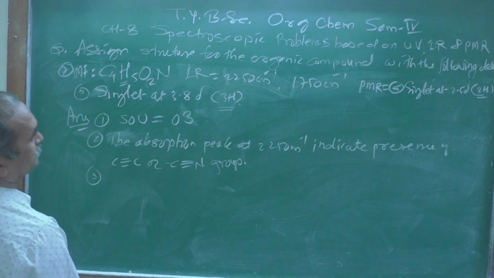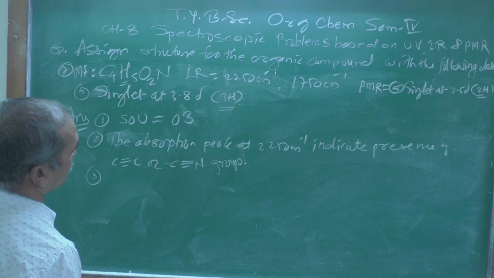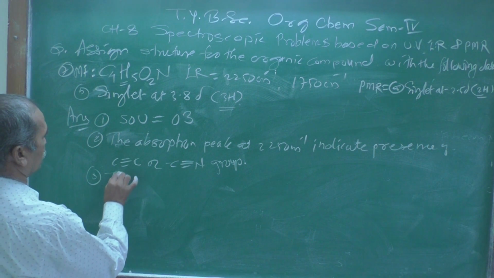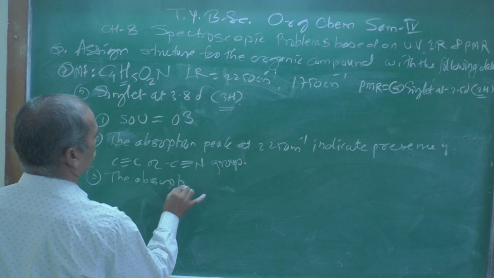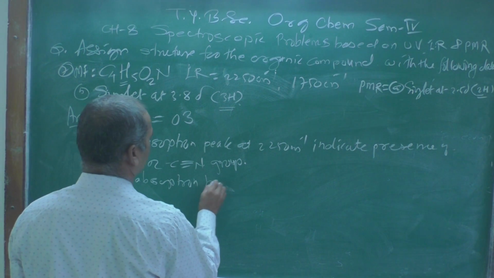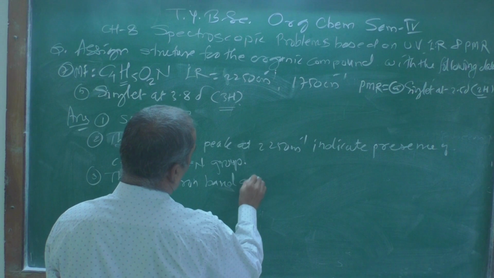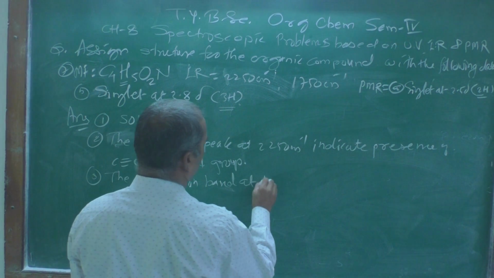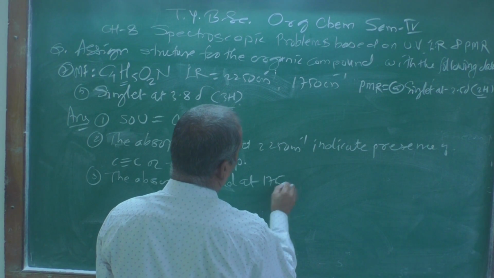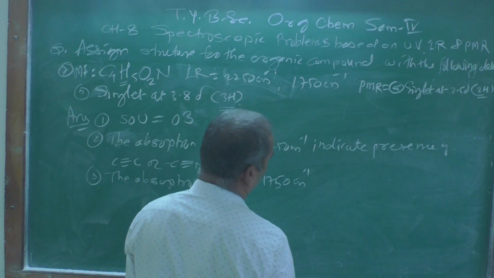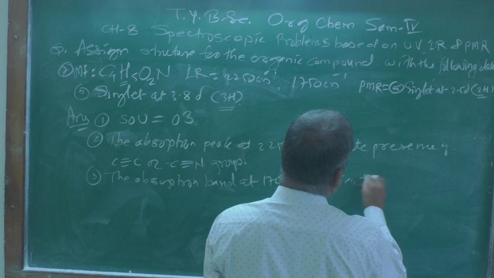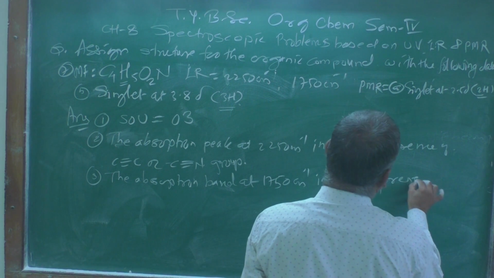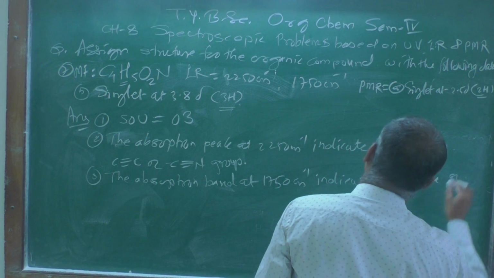Third point: the absorption band at 1715 per centimeter indicates the presence of what?